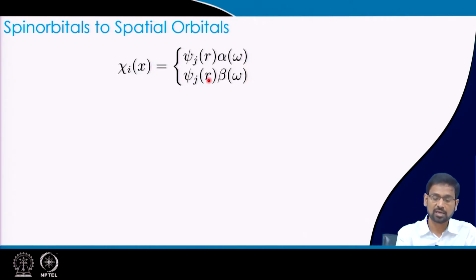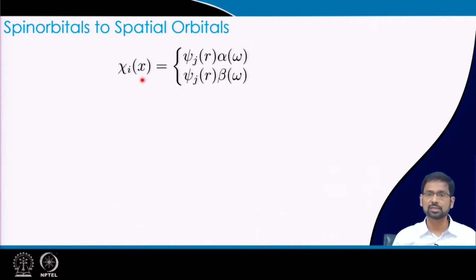Here r is the spatial coordinate of the electron, omega is its spin, and x is the total coordinate taking care of both spatial and spin. Therefore, from n spatial orbitals, we can construct 2n spin orbitals. This is what we have seen.